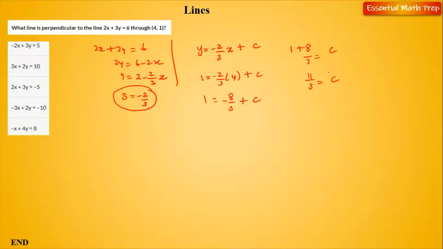Did I make a mistake somewhere? Because I'm getting a fraction here. 3y equals 6 minus 2x, y equals 6 over 3 and negative 2/3 x. Okay, slope is negative 2/3, and we're substituting for 4 and 1.